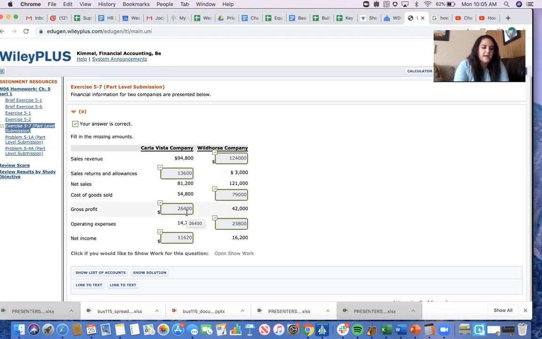Then the last thing we're asked to figure out for Carla Vista is net income, which can be calculated by taking the gross profit, which we just figured out was $26,400, minus the operating expenses, and that gets us to $11,620.